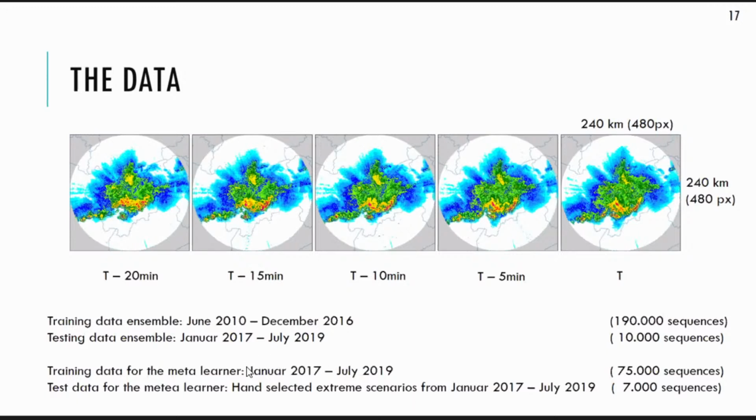And then to evaluate the ensemble, so the complete model, they hand-selected the data to include more extreme case scenarios. And I think that's very nice because they are focusing on extreme case scenarios, like they said in the title, but by changing the proportion in the test set to include even more extreme case scenarios, they made it a little bit harder in the testing than in the training.